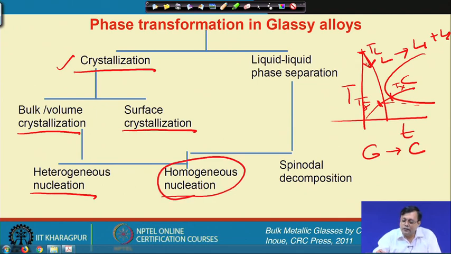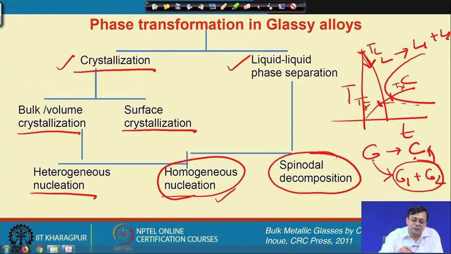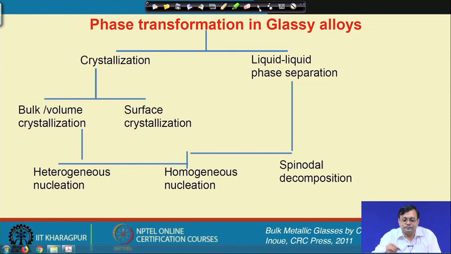However, during cooling itself, if there is any liquid phase separation, then we can think about a spinodal type of decomposition, which may be linked with a homogeneous process. Or when a glass transforms into a crystal, that glass may separate into two different glassy phases, and this is also a phase separation before formation of a crystalline phase. These are the possibilities we can think about in phase transformation in glassy alloys.